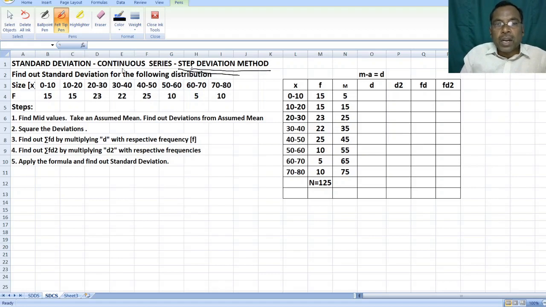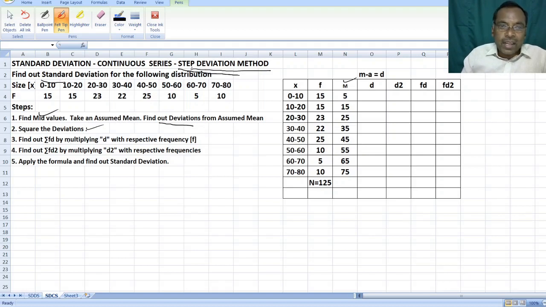In continuous series, there will be class intervals. You have to find mid values. Take an assumed mean and find out deviations from the assumed mean, and square the deviations.